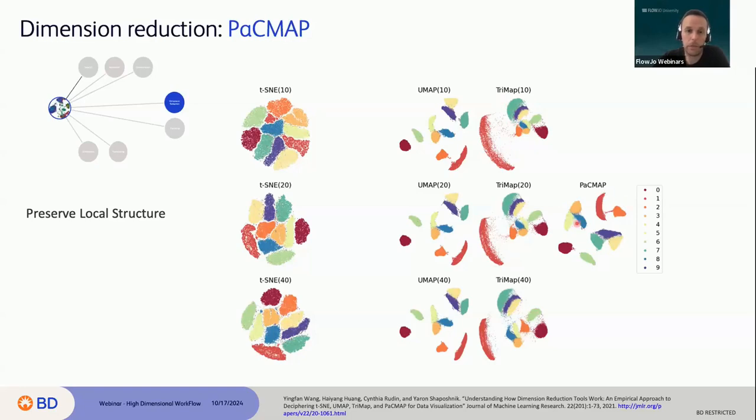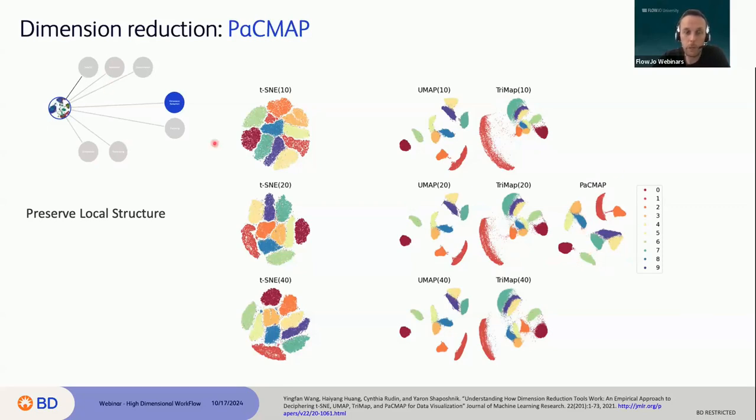But if we look at PacMap, PacMap is performing at least as well as UMAP, really separating well the different cell populations or classes here in this MNIST data. So good as well to preserve the local structure.